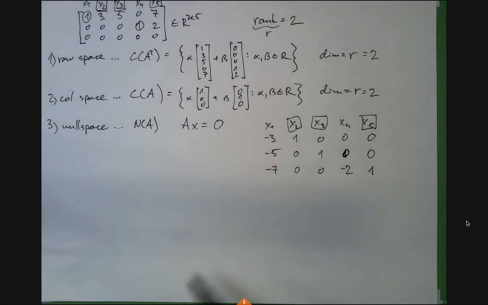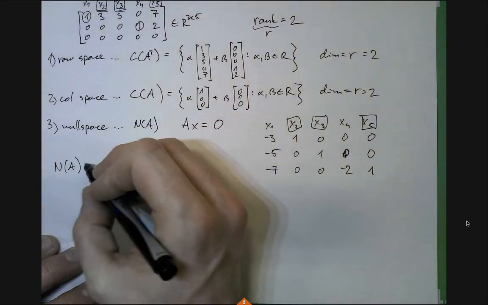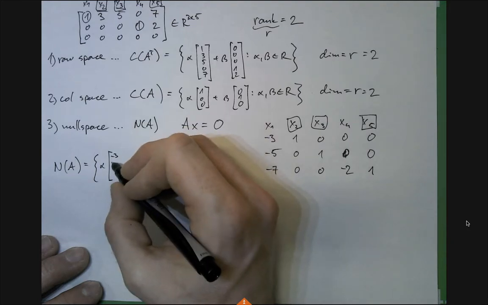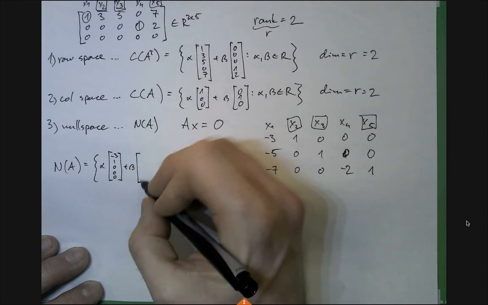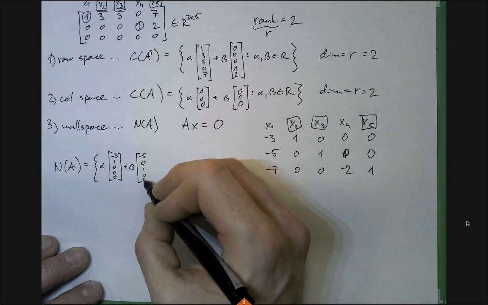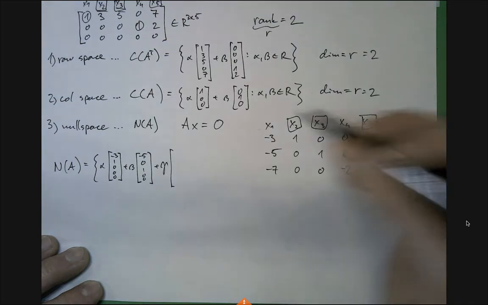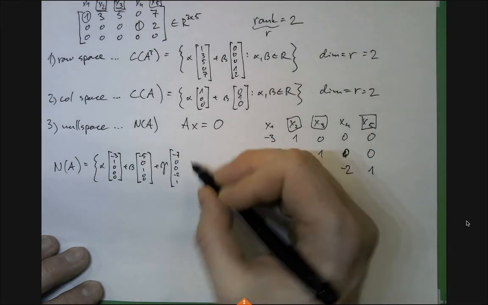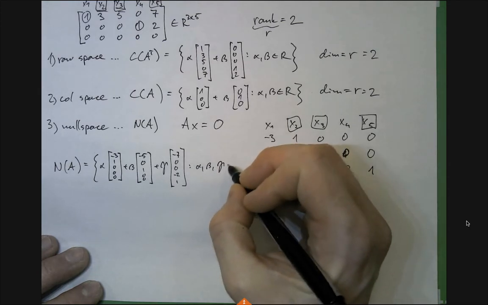They form a basis. So that's also the basis of the null space. So the null space can be written like this, as alpha times the first one, minus 3, 1, 0, 0, 0, plus beta times minus 5, 0, 1, 0, 0, plus gamma times the last one, minus 7, 0, 0, minus 2, 1, for any alpha, beta, gamma scalars.